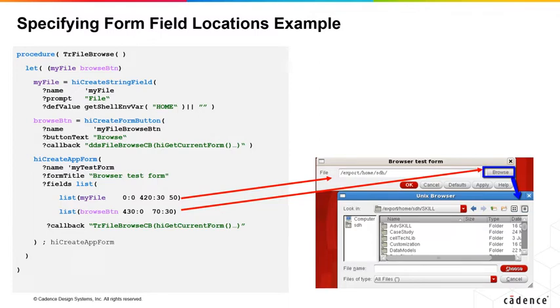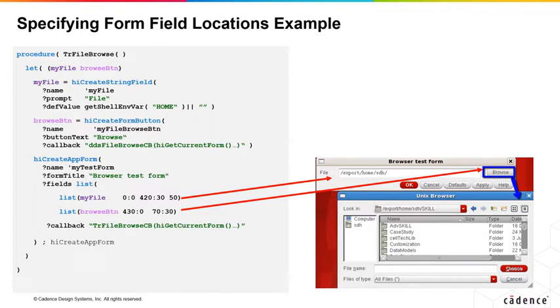And so this is just an example of where you're specifying the location. As you can see, the My File location starts at 0, 0, upper left corner. It's got a width of 420 and a height of 30. And then the Browse button starts a little bit past that location because the My File field was 420 wide.